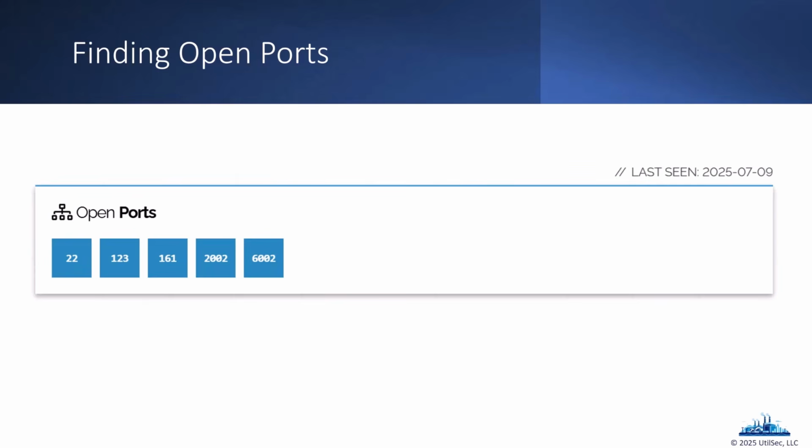But we can use tools like Shodan, Censys and ZoomEye. Just give it an IP address and it can say, we scanned for all these ports and this is the information we found associated with each port. So it gives us an idea of what type of host it is, and potentially whether there are any vulnerabilities or ways I can exploit the host to gain access to the network.